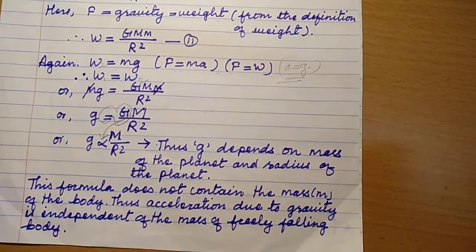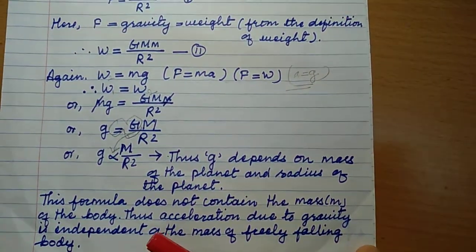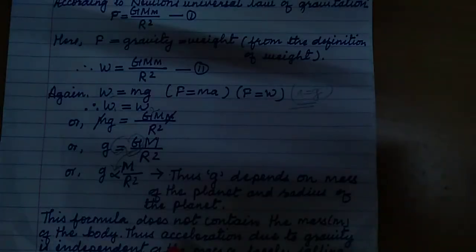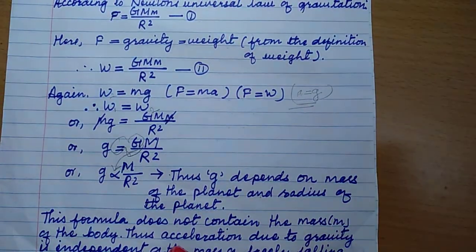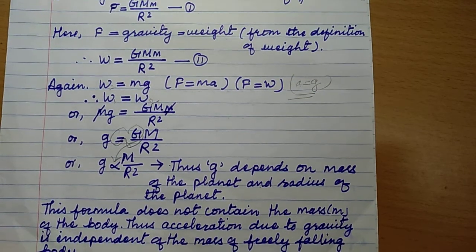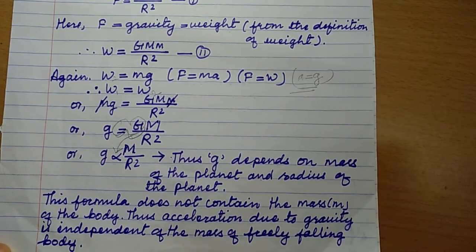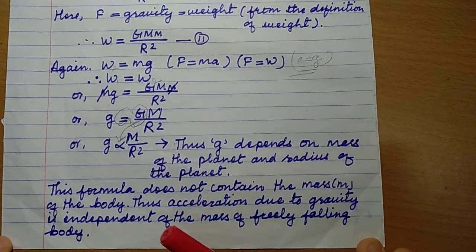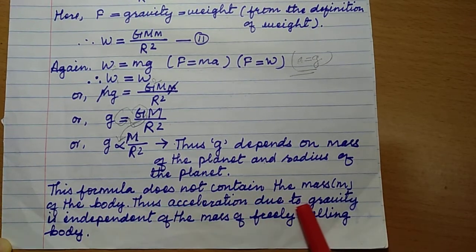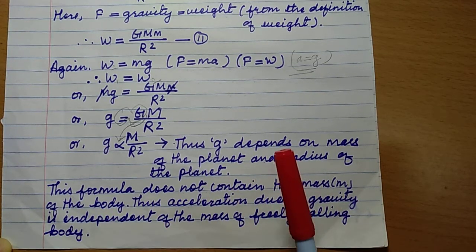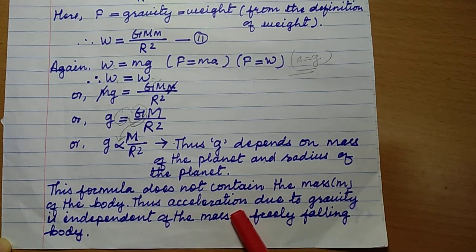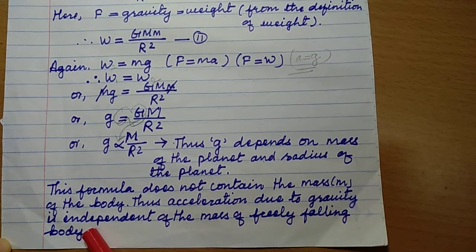From this formula, what did we understand is acceleration due to gravity depends on mass of the satellite or the planet and radius of the satellite or the planet. There is no small m. Mass of the body is not there. So the formula does not contain mass small m of the body which is lying close to the surface of the earth. Thus acceleration due to gravity is independent of the mass of the freely falling body.